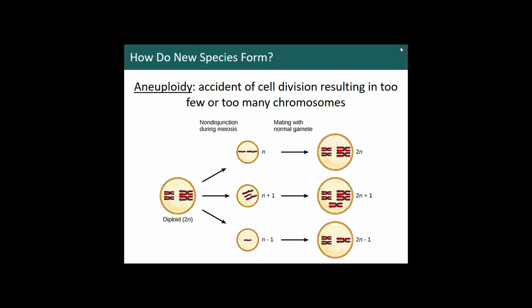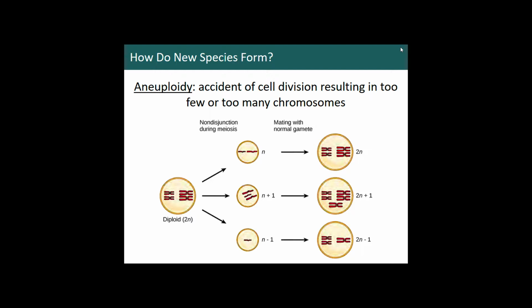The other way that we can have sympatric speciation, and this happens fairly often, particularly in plants, is through aneuploidies combined with self-fertilization. If you remember from Bio 1, an aneuploidy is an accident of cell division where the chromosomes fail to separate completely, either during meiosis 1 or meiosis 2, right?